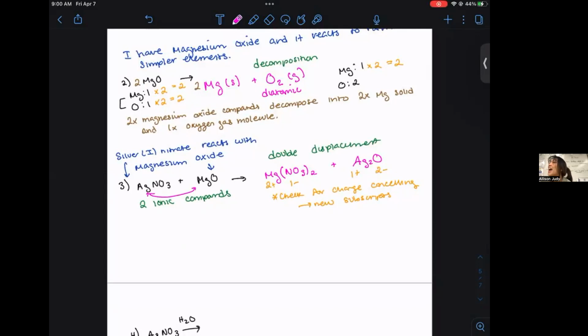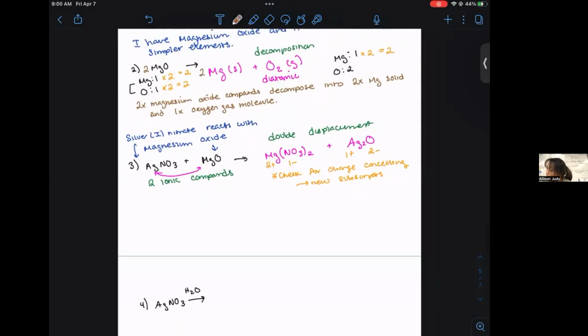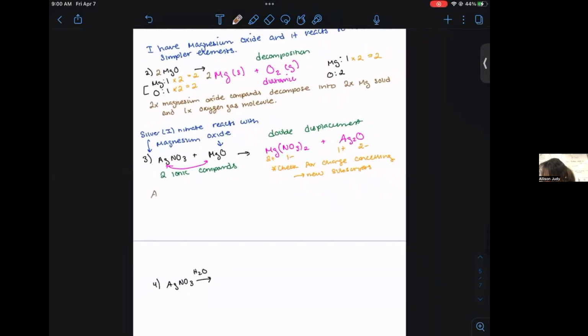Now that I've made the good compounds, now I go through and I balance. So I see that I have Ag1, NO3, 1 of them. The polyatomics are preserved, so I'm going to treat it as 1 unit. Mg1, oxygen 1. And I end with Mg1, nitrate, 2 of them bonded with Mg.